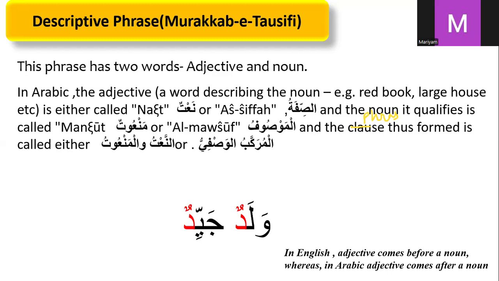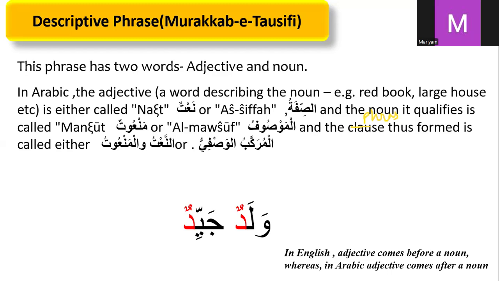Mudaf always takes 3 harakat, either 1 dhamma, 1 kasra or 1 fatha, whereas Mudaf alayhi takes kasra only. If there is tanween, kasra tanween. If there is al, 1 kasra.